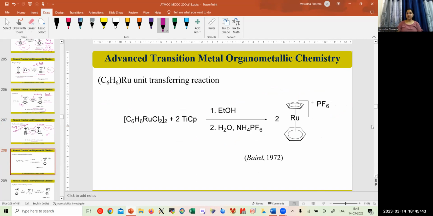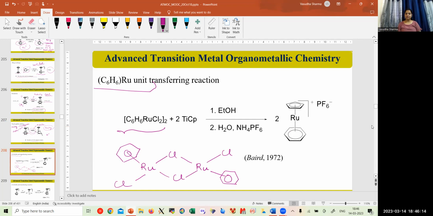Now, another reaction where you will see how the C6H6 ruthenium moiety transfers. For example, this is a dimer where we have C6H6. If I draw over here, one Cl, ruthenium, Cl.